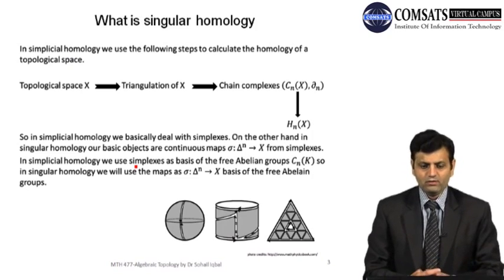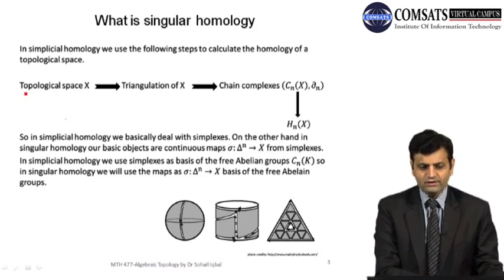What is singular homology? As we know, in simplicial homology we use the following steps to calculate the homology of a topological space. We started from a topological space X and then we triangulated it.